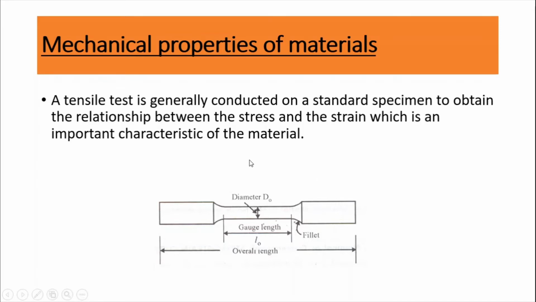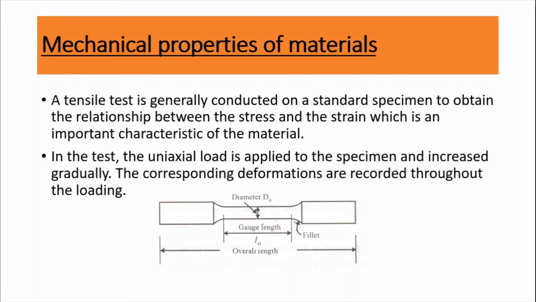A tension test is generally conducted on a standard specimen to obtain the relationship between the stress and strain, which is an important characteristic of the material. In the test, the uniaxial load is applied on the specimen and increased gradually. The corresponding deformations are recorded throughout the loading.